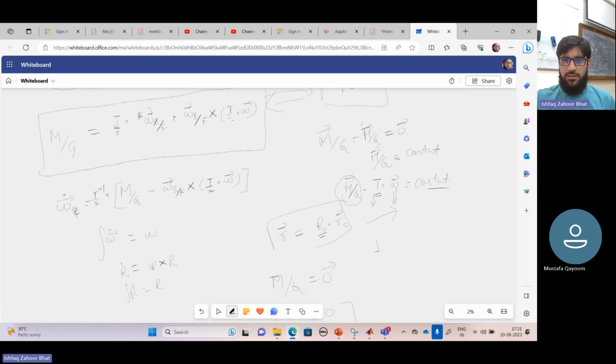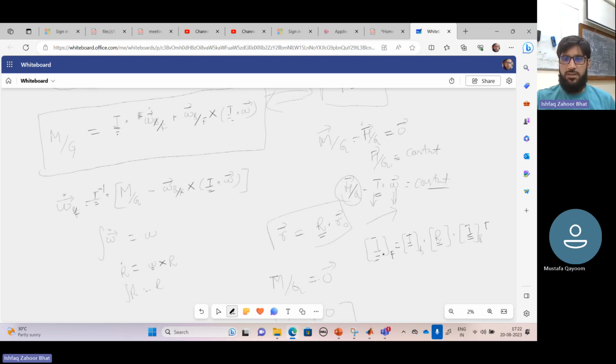The inertia tensor components in the fixed frame is equal to the rotation tensor R dot the inertia tensor in the body frame dot R transpose.